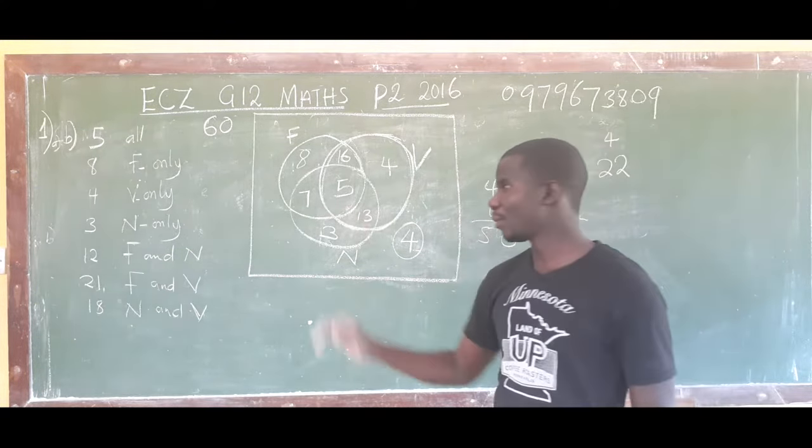Okay. We come to question 8. The table below shows the number of days that 52 learners in a grade 12 class at Masambililo School were absent in one school term. This is the number of days.